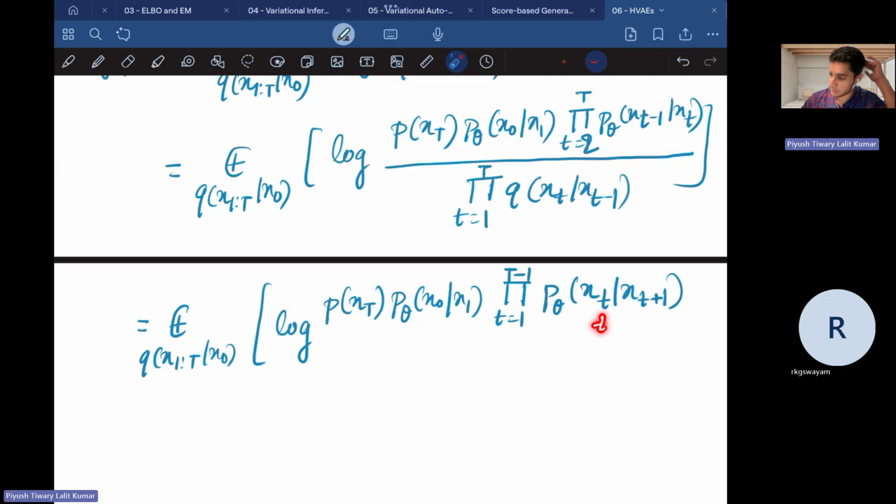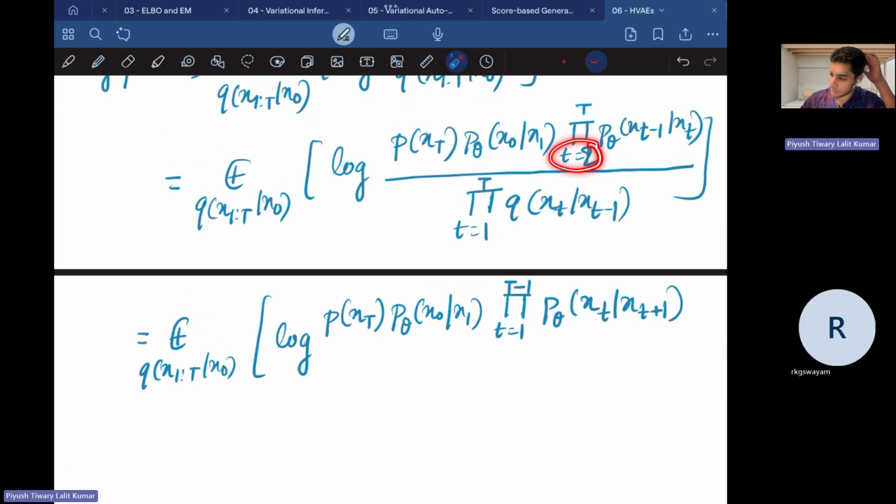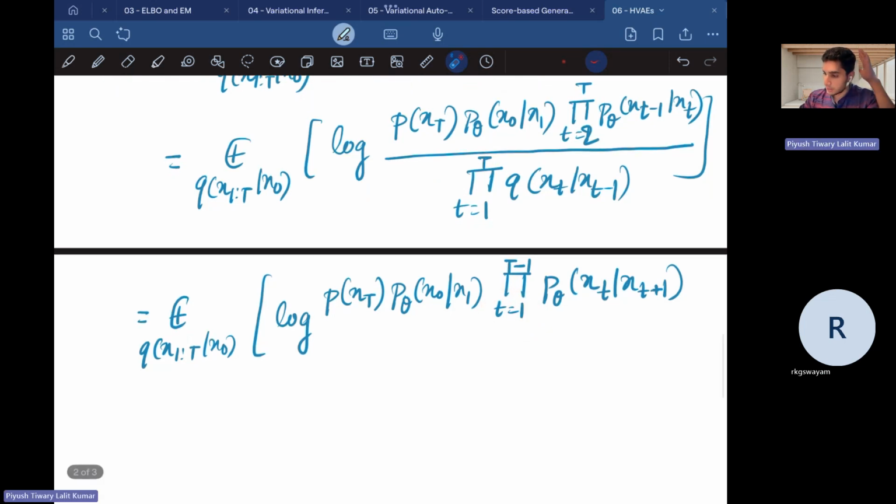If t is equal to 2, what will t dash be? It will be 2 minus 1, which becomes 1. That is what I have done here. You're writing the same thing, but your indexes have changed by 1. That's all.